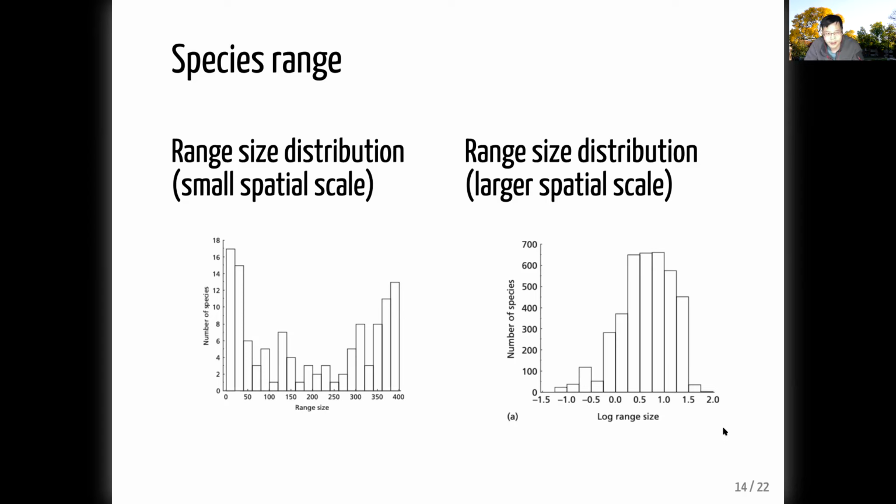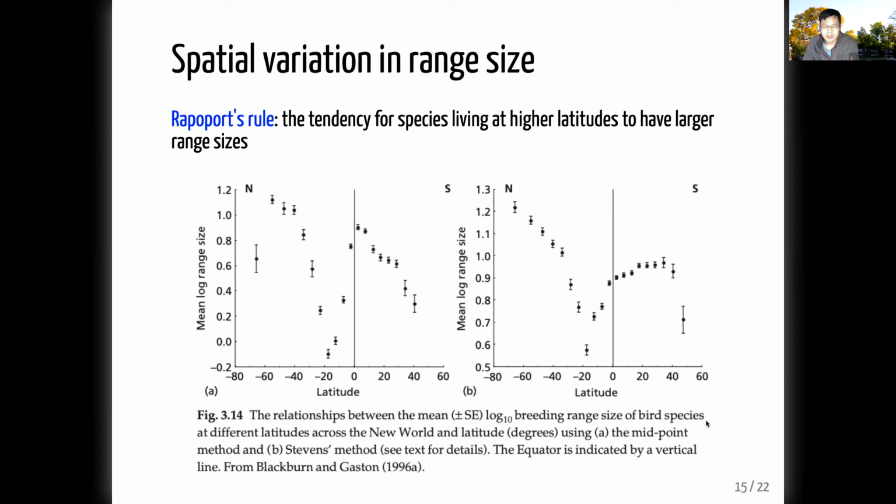But we can also talk about spatial variation in range size. One particular pattern we call Rapoport's rule. That's the tendency of species living at high latitude to have a larger range size. Here is an example of bird species across the New World. The x-axis is the latitude, and close to zero is the tropical area.